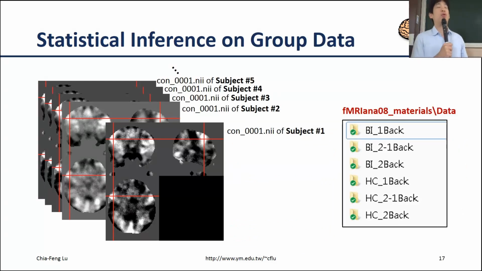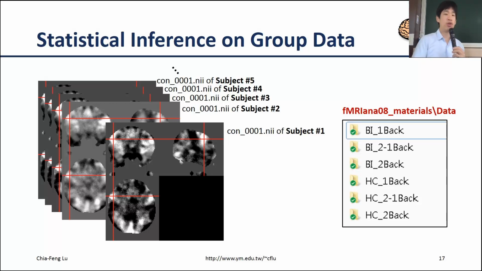So after all, once you finish all the preprocessing and you finish all the model construction, estimation, then you definitely will have this one, con underscore, for example, this is from the first contrast, 0001 dot NIfTI file. Okay.